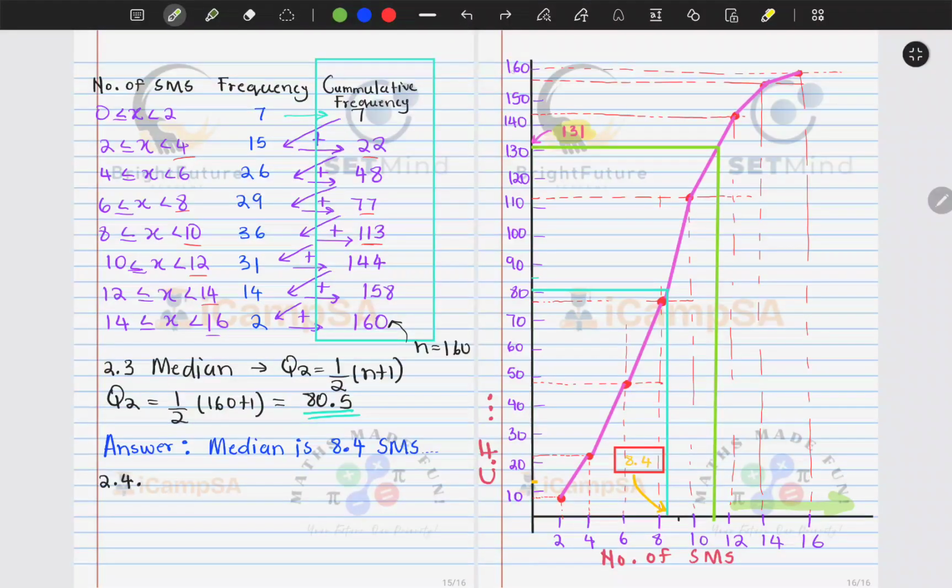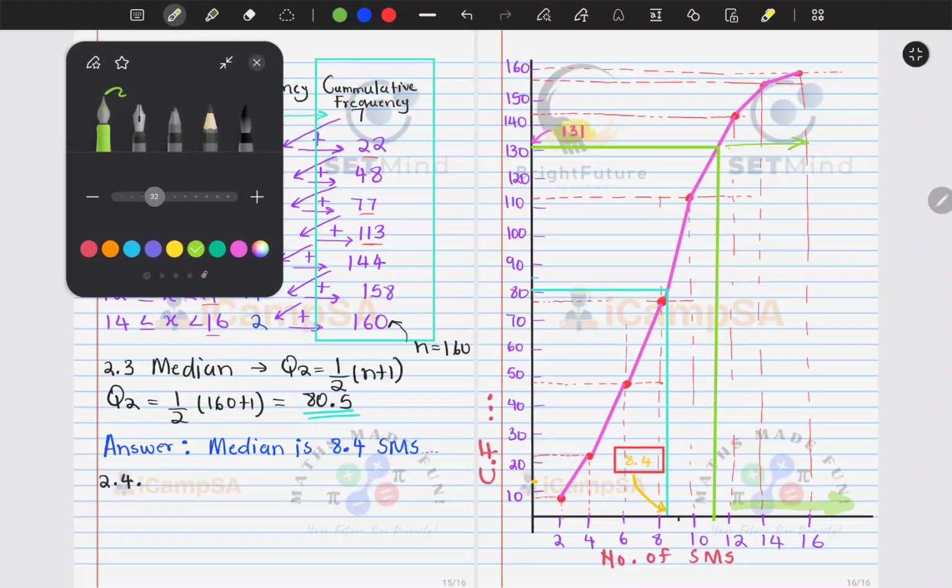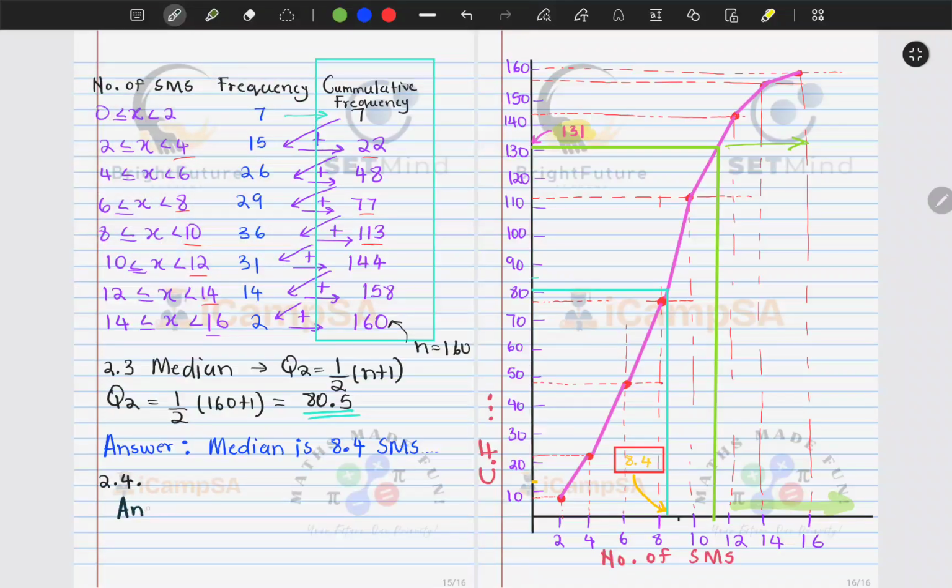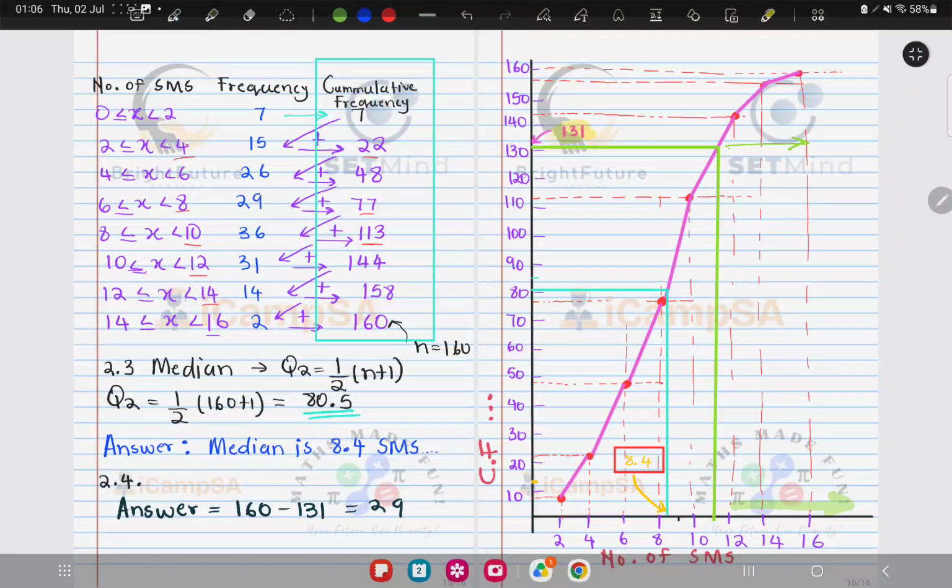So it means we are looking for the people that are between from here to there. Okay. So if you think carefully now, our answer to this problem here will be 160 minus 131. So that will give us the number of people who sent 11 or more SMSs. So what we are getting is about 29.